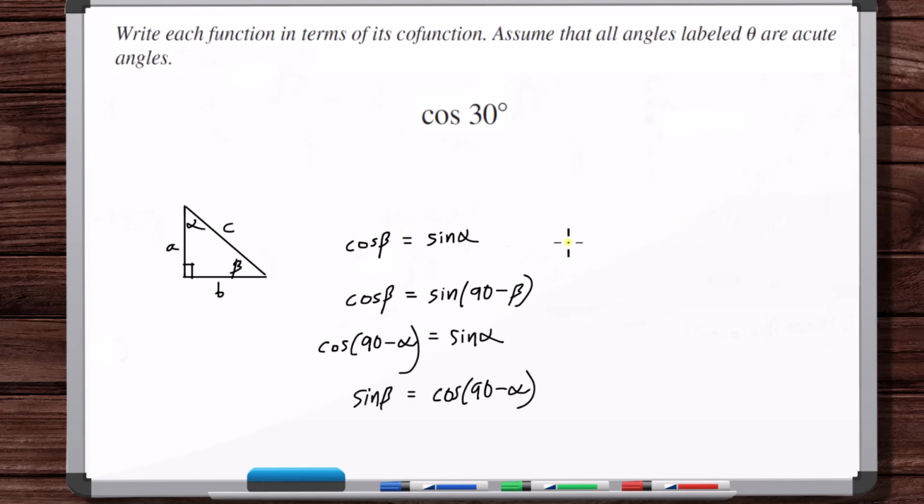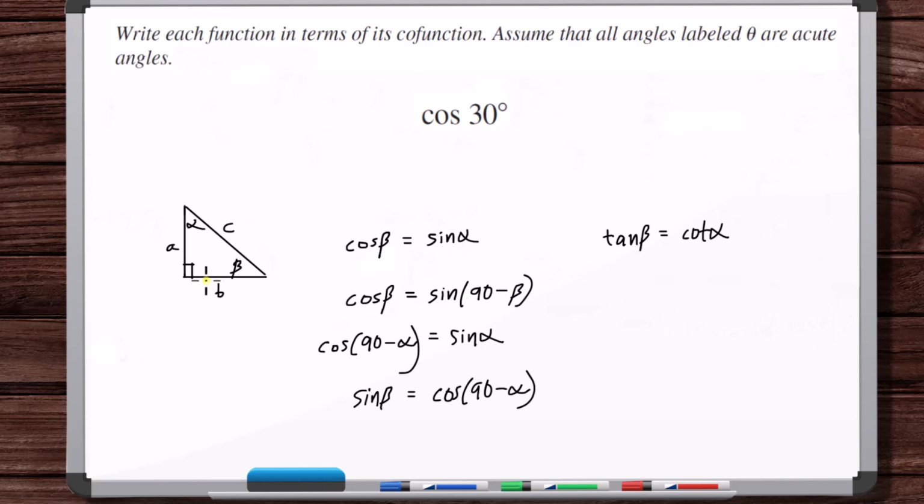And there's two other cofunction pairs. You could do this with tangent of beta, you notice, is equal to cotangent of alpha, right? Tangent of beta is opposite over adjacent. Cotangent of alpha is adjacent over opposite.